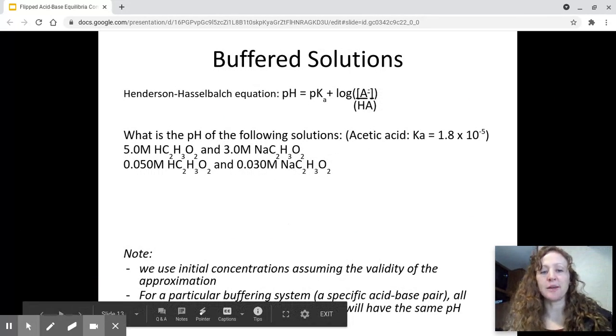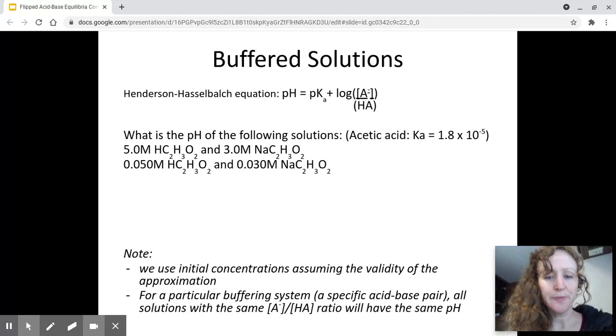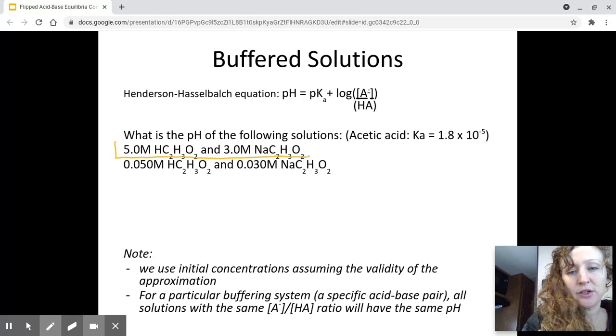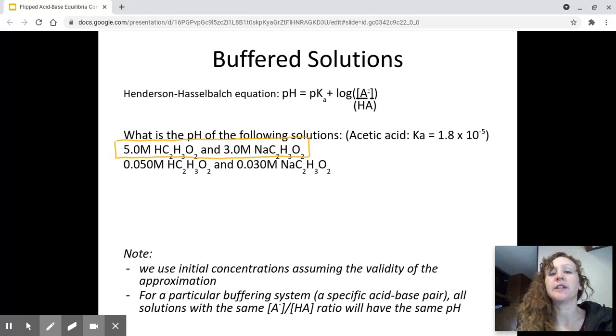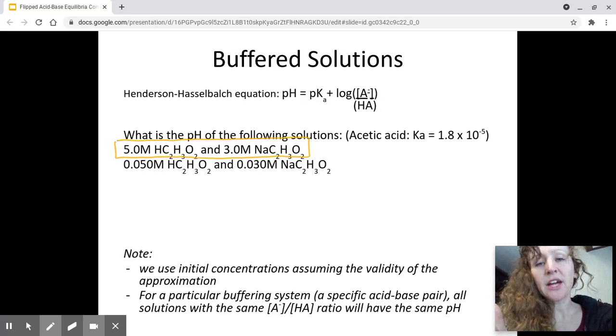All right, so for example, we're going to figure out the pH of the following solutions. Let's take this first solution here and figure out the pH of it. Now, we're going to do this the old way, right? Where we A, write a reaction, B, write our ice chart, C, use our Ka equation.